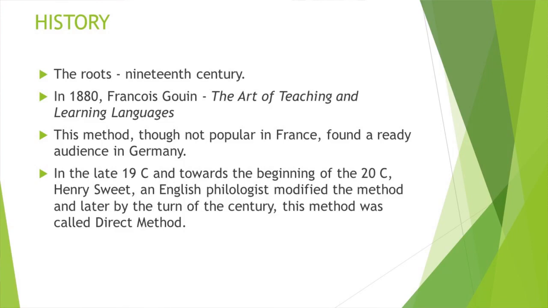The teacher uses full sentences in the foreign language as input rather than words or phrases, and no translation was used in the classroom. This method, though it did not become very popular in France, found a ready audience in Germany. In the late 19th century and towards the beginning of the 20th century, Henry Sweet, an English philologist, modified this method, and later, by the turn of the century, this method was called direct method.